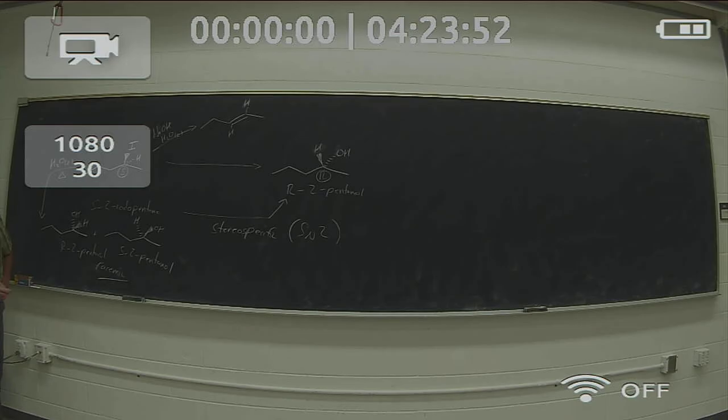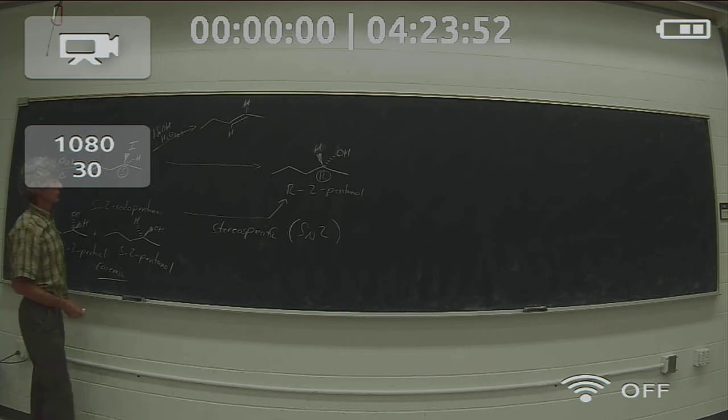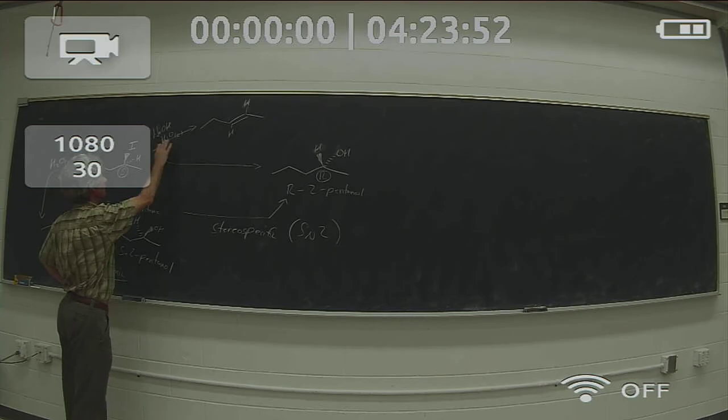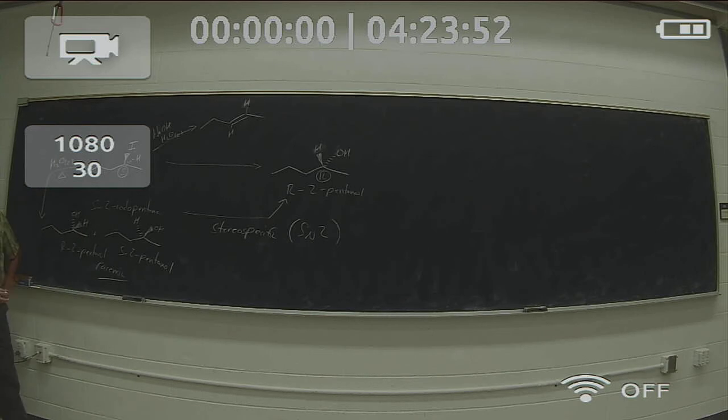And since the base is unhindered, we would get the Zaitsev product, and we would get the more stable trans product. So we need some way of avoiding the elimination, which we would get if we use the sodium hydroxide, and not allowing the SN1 pathway, which is what we would get if we simply heated it up with water.